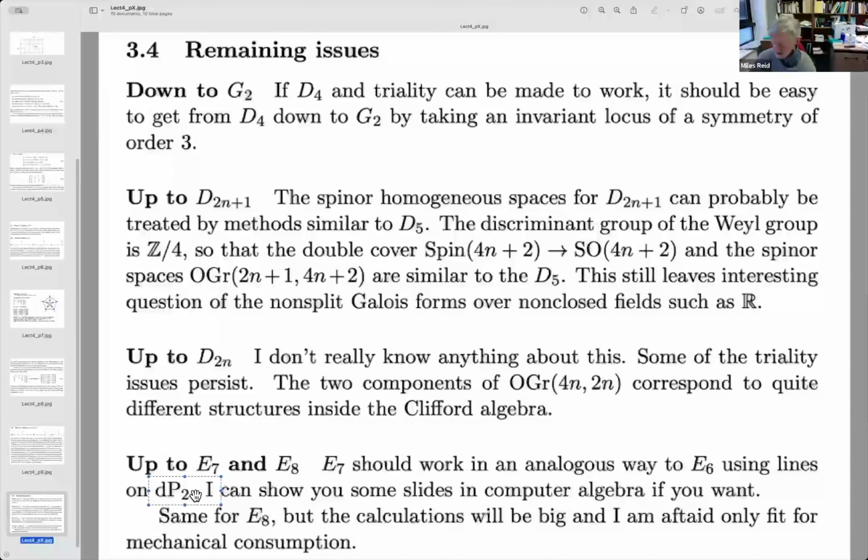Then you say the cubic surface is what you get if you take P2 and 6 points in P2 and blow up those points. Blowing up means you take a point of P2 and replace it by the projective line of its tangent space.